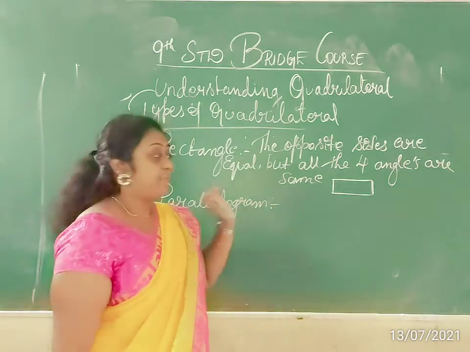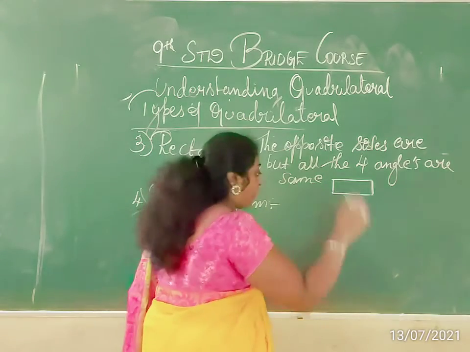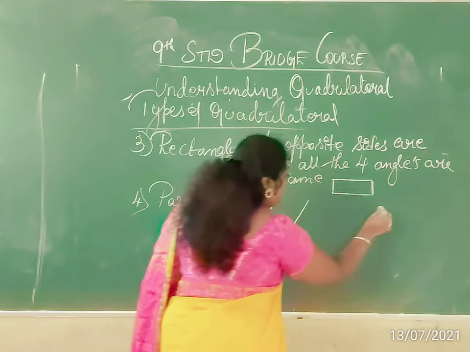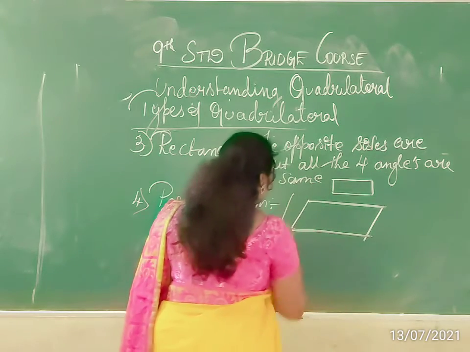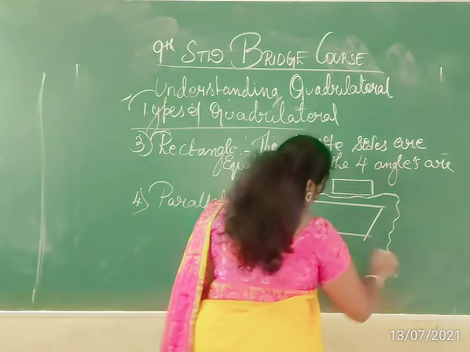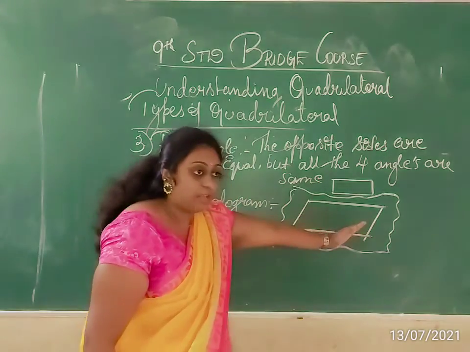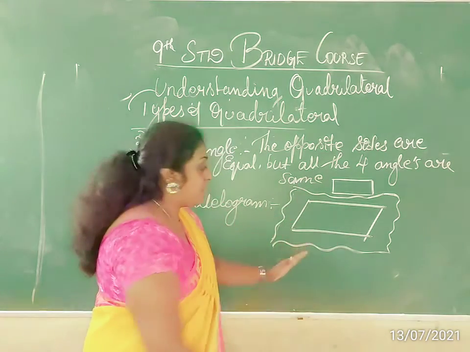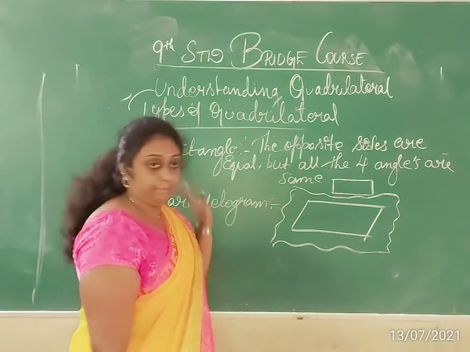Opposite sides are the same, but your angles will be different. Now I will draw the drawing. See. This is said to be your parallelogram. Did you see? It is parallel in nature. It is crossway. So this is said to be your parallelogram.